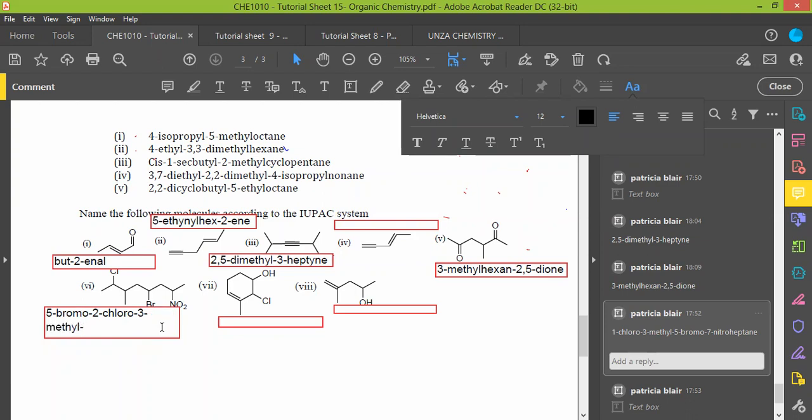Now remember, in the nomenclature, you can identify the substituent. If you place them wrongly, you don't get any mark. We don't mark from identifying a molecule. No, we don't mark because you're going to give us the names of the substituent and then you give us a wrong name.